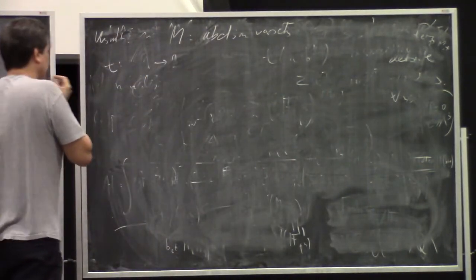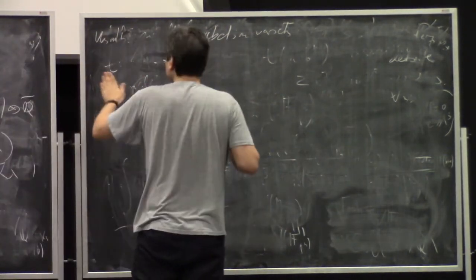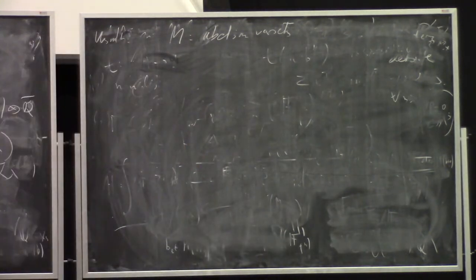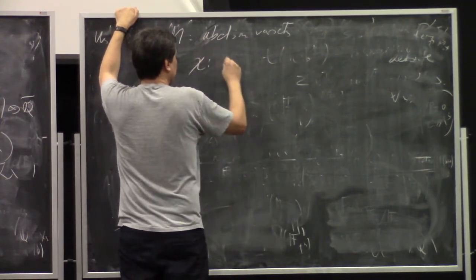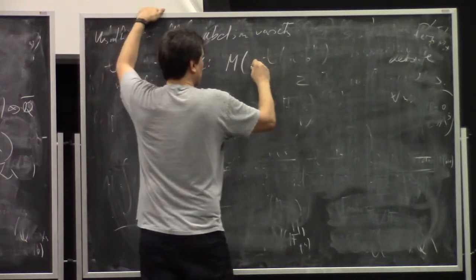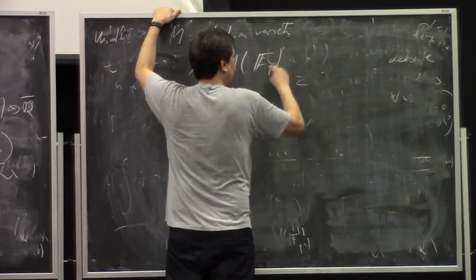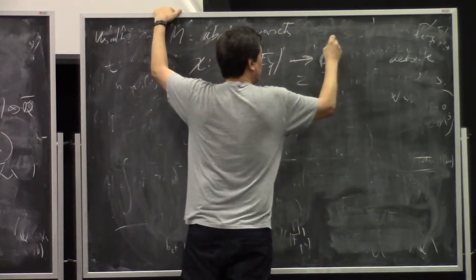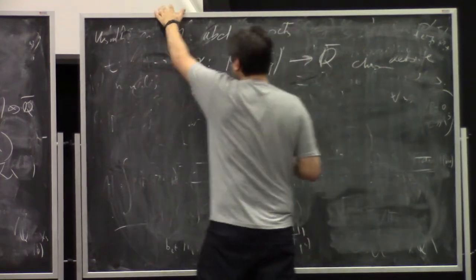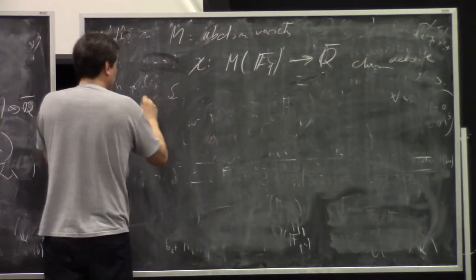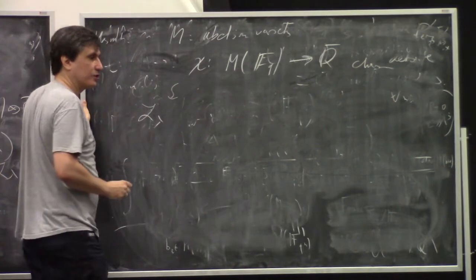Now we can see the various characters of this group, and they should then give some eigenshift, Hecke eigenshifts.